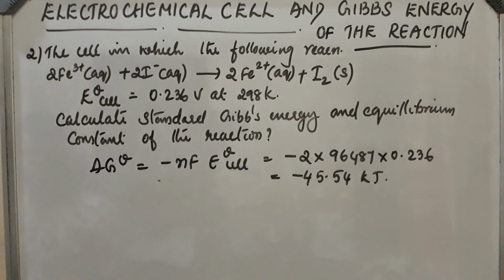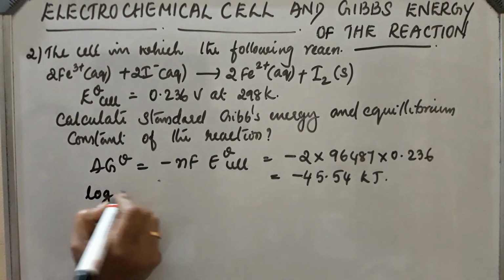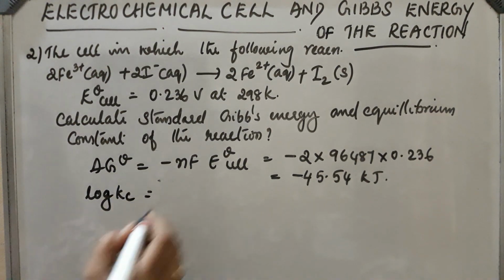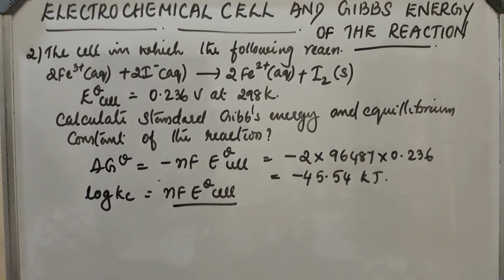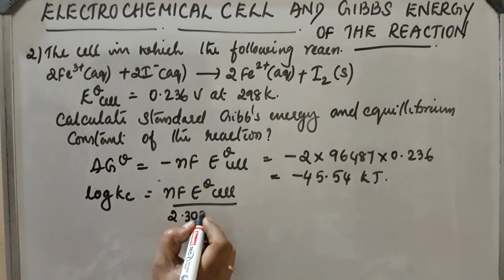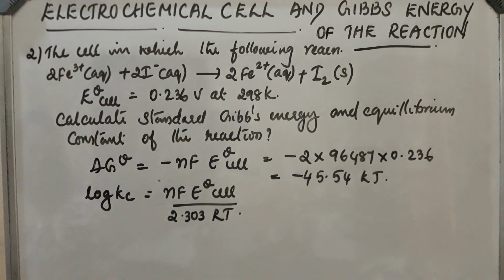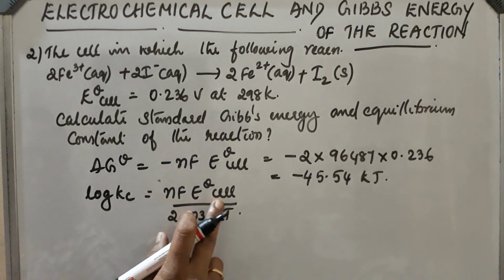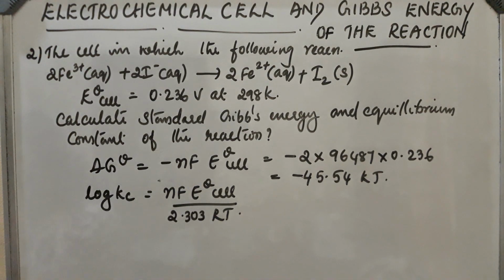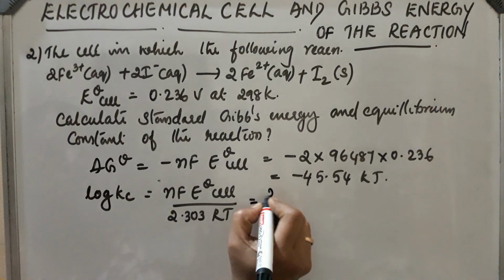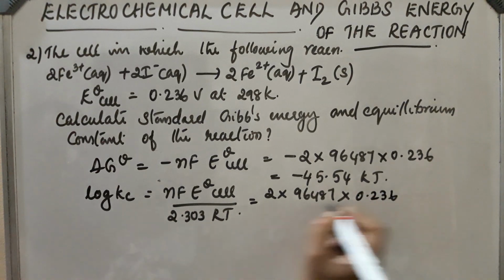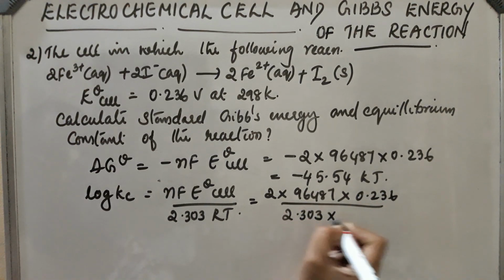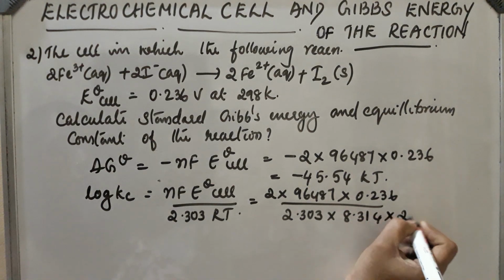Now, what will be the equilibrium constant of the reaction? Log Kc will be equal to nF E0 of cell by 2.303 RT. This is the equation, because delta G equals minus RT ln Kc. Substituting all these values, this is 2 into 96487 into 0.236 by 2.303 into 8.314 into 298.